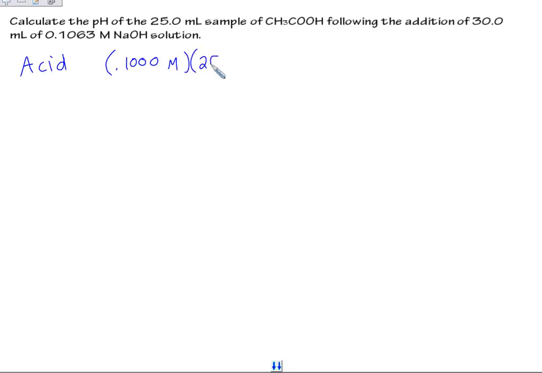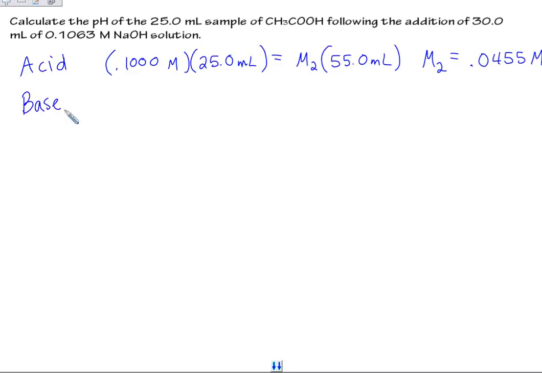Initially 25 milliliters. We want to know the new molarity when the final volume is, let's see, 55 milliliters. All right, M2: 0.0455 molar. The base was 0.1063 molar.